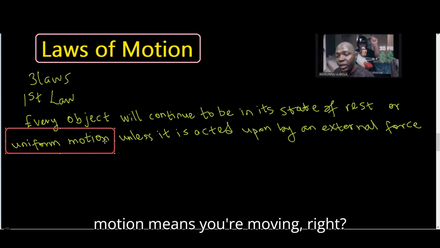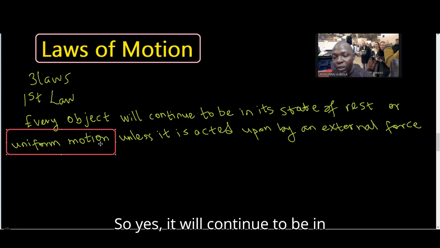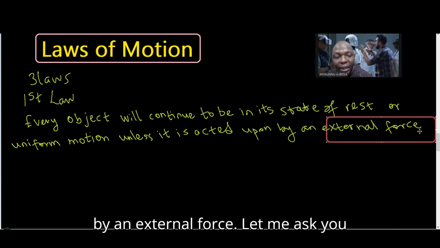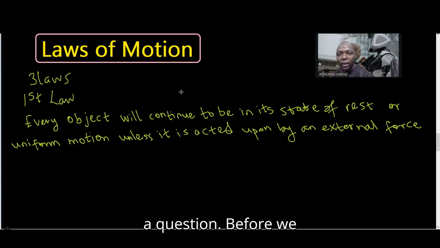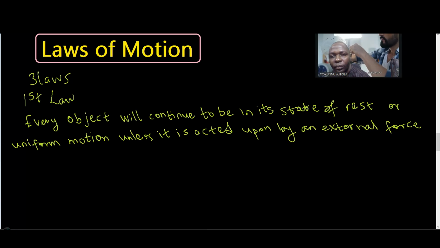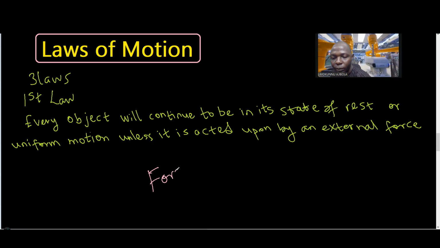Motion means you're moving, right? So it will continue in its uniform motion unless it is acted upon by an external force. Let me ask you a question before we come back to this: has anyone defined force for you before?